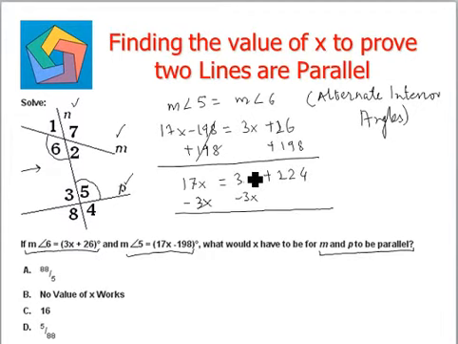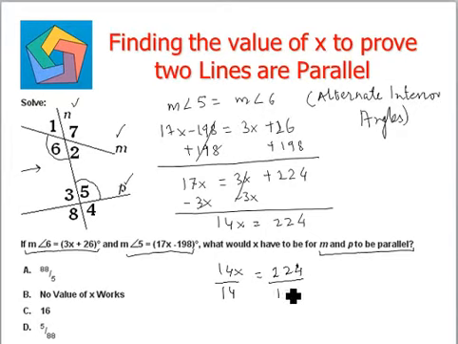This becomes 0. 14x equals 224. To finally find out the value of x, we divide by 14 on both sides. This is 1 and this is 16. So x equals 16 is the final answer, which can be seen in option C.